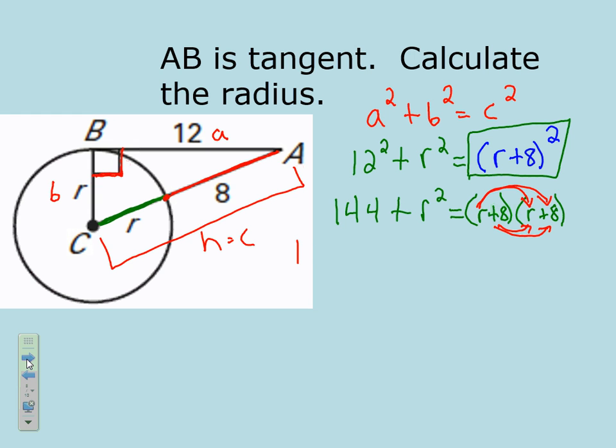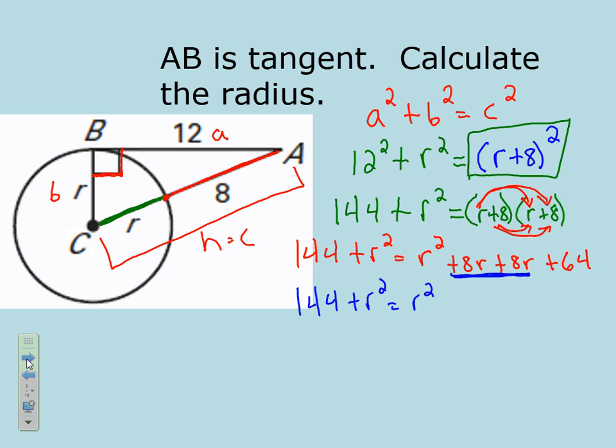So I'm going to keep this as 144 plus r squared equals. Now here, r times r is r squared, plus 8r plus 8r plus 64. Now we can keep going so we can have this problem solved. So I get 144 plus r squared equals r squared, combine like terms, plus 16r plus 64.